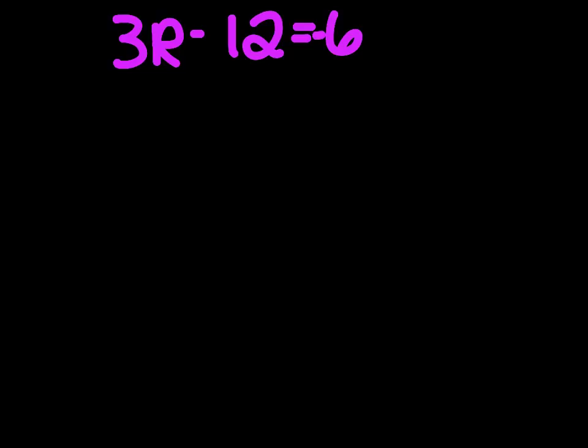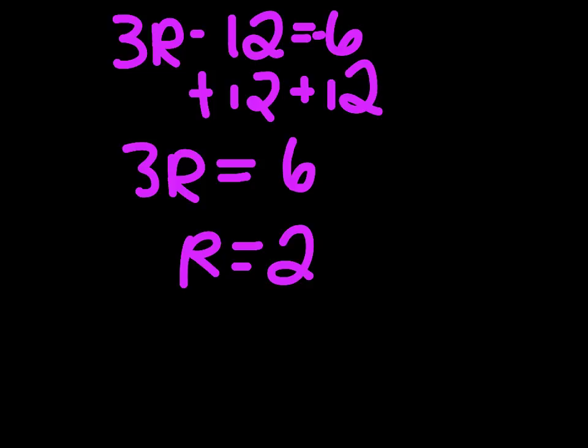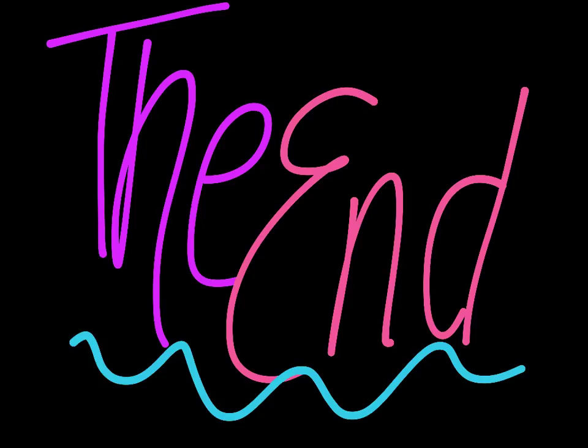Oh, negative 6, sorry about that. So add 12, 3r equals 6, r equals 2. So now on that line where you had negative 5, r, you can substitute it now as negative 5, 2, like that.